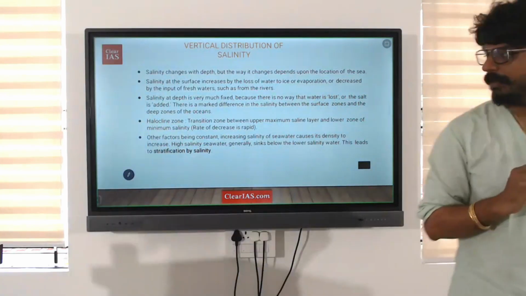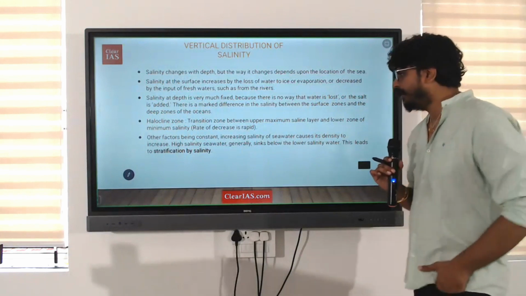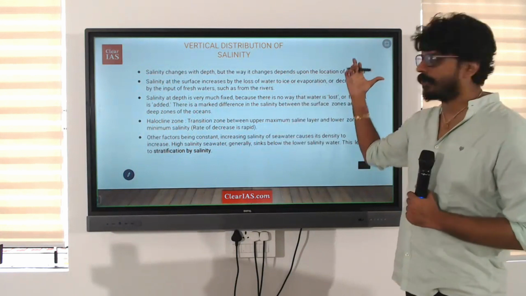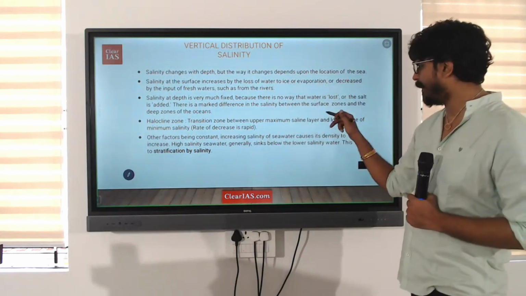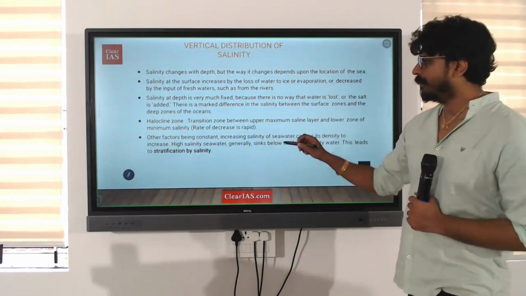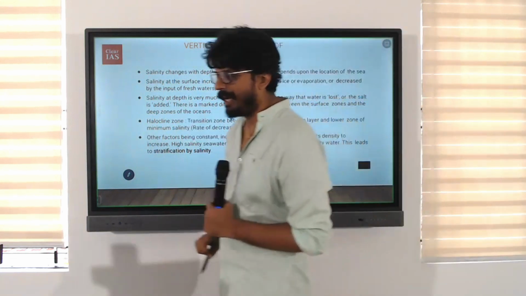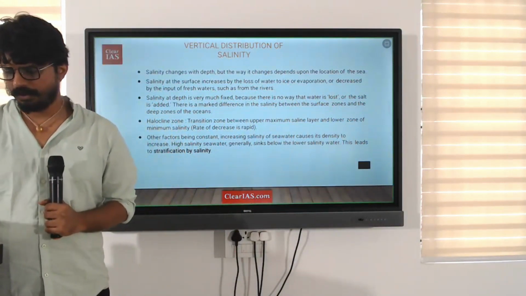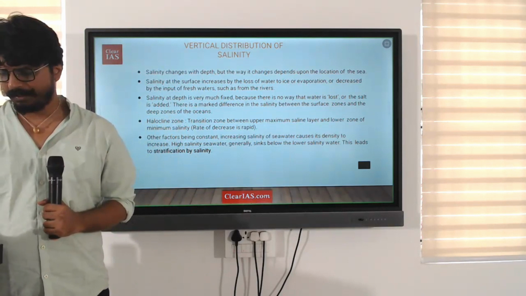Halocline zone: the transition zone between the upper maximum saline layer and the lower zone of minimum salinity is called the halocline zone.